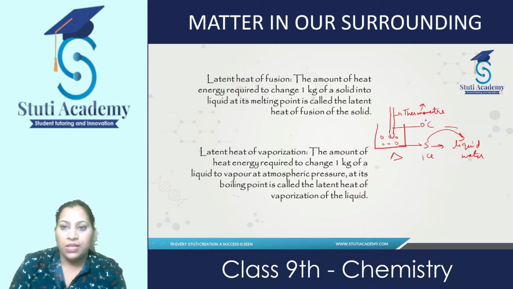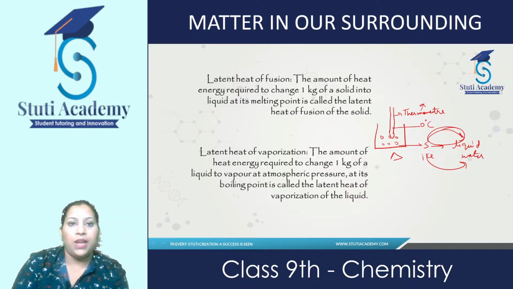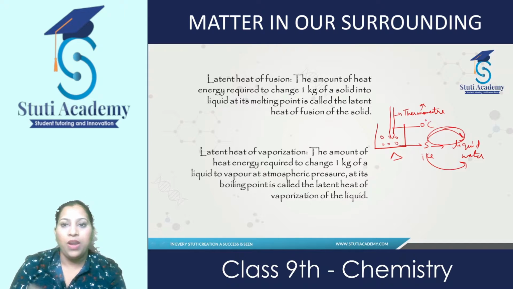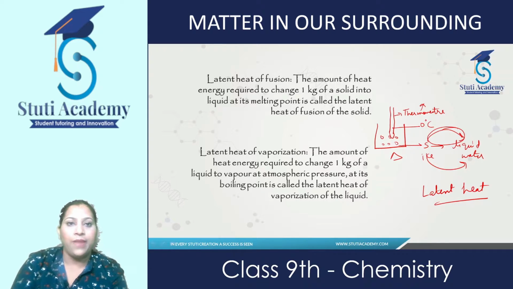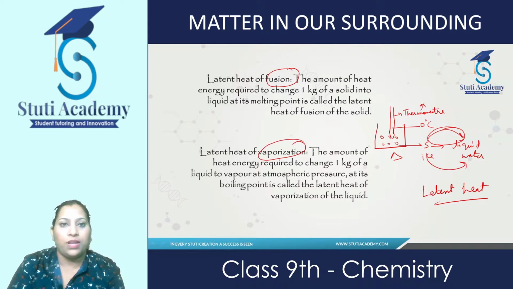So this heat which is used to convert solid to liquid is known as latent heat of fusion, or in general the heat which is used to convert one state of matter into another state without increasing temperature is known as latent heat. And this latent heat is of two types: latent heat of fusion and latent heat of vaporization.